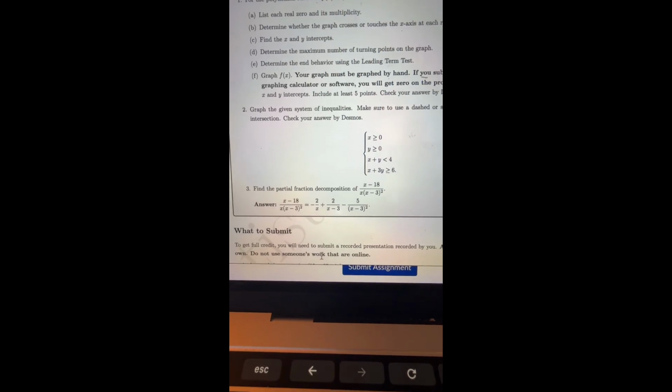And then your final answer, you end up getting (x minus 18) over x times (x minus 3) squared equals negative 2 over x plus 2 over (x minus 3) minus 5 over (x minus 3) squared. And here you can see the final answer.